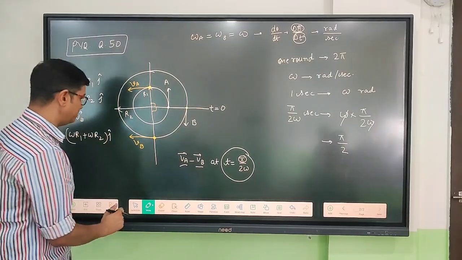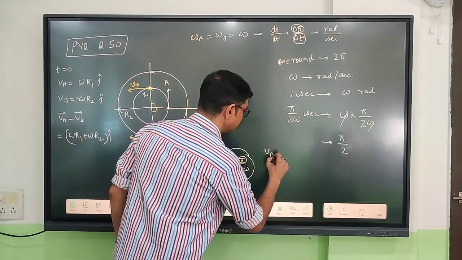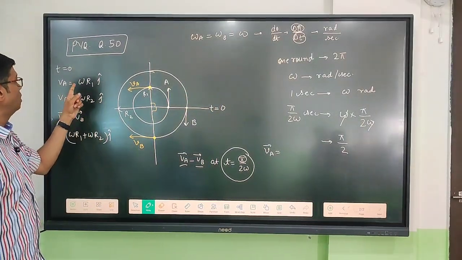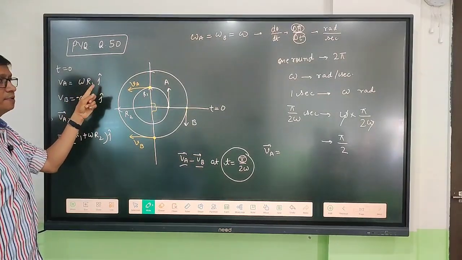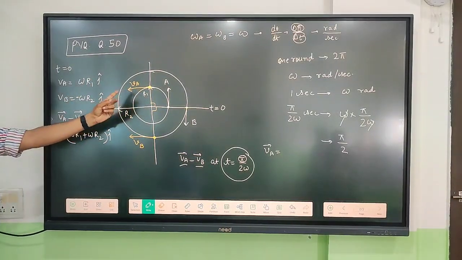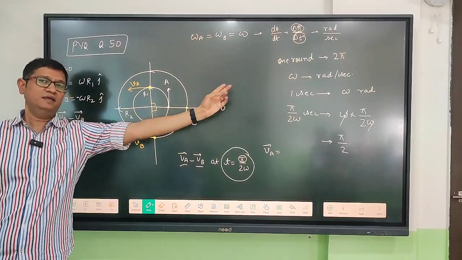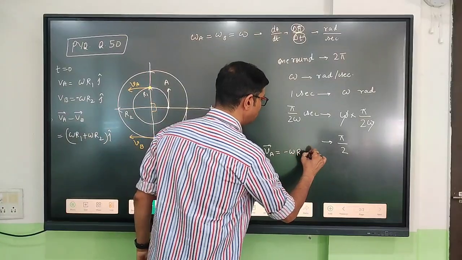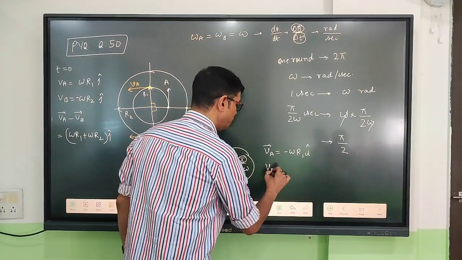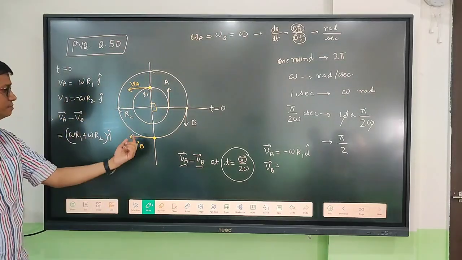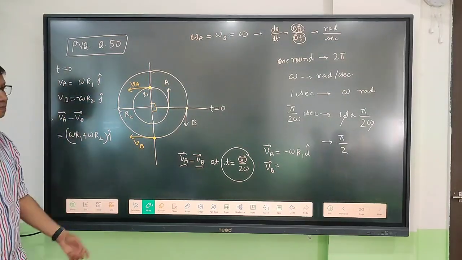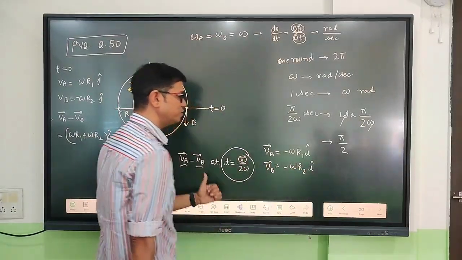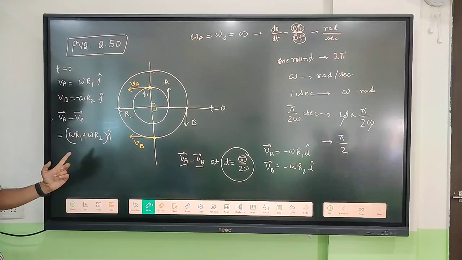अब आप वी ए को लिखो वेक्टर फॉर्म में. कैन आई राइट दिस एज ओमेगा r1 माइनस आई कैप, so minus omega r1 I cap. VB would be minus omega r2 I cap. दोनों ही माइनस में. They are asking you VA minus VB.